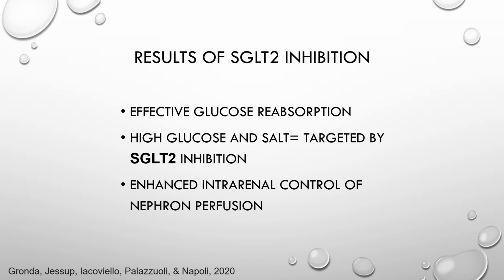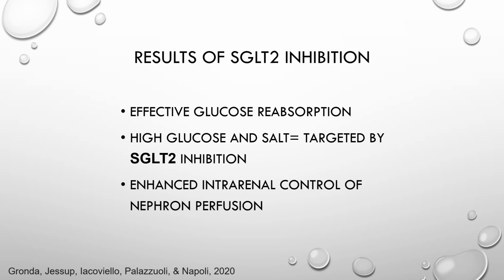The extremely high glucose and salt absorption that characterizes diabetes, as well as other clinical situations including heart failure, with reduced and preserved ejection fractions, is targeted by the cotransporter 2 inhibition.